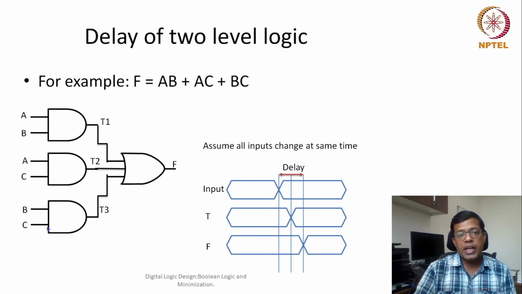So there would be delay at the first level. All of these things are computed in parallel because all the inputs are available at the same time. All the outputs T1, T2, T3 would be available at almost the same time.